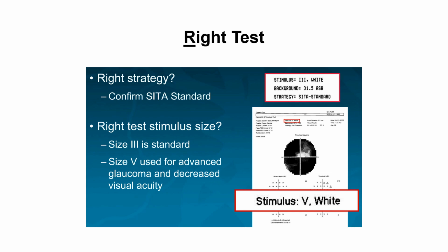Here you will find the strategy SITA Standard. Then you will check that the right test stimulus size was used, and we said that the Humphrey visual field analyzer uses Goldmann size 3 as a standard. Sometimes you can use size 5, as we said, for advanced visual field loss or decreased visual acuity. This is the size 5 white stimulus used in these cases, in advanced glaucoma.